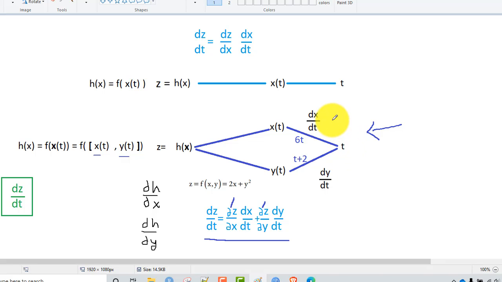As I said, we could consider a more complicated situation where it depends at this level on more than one thing, and that would be something we would like to do eventually. But right now we're just considering where it just depends on one variable at this level. So we don't write partial of z with respect to t, we write the full derivative of z with respect to t.